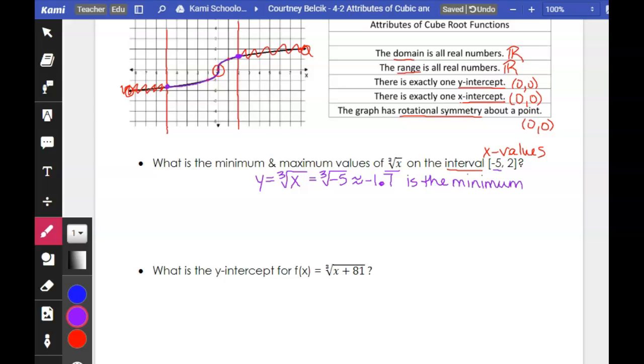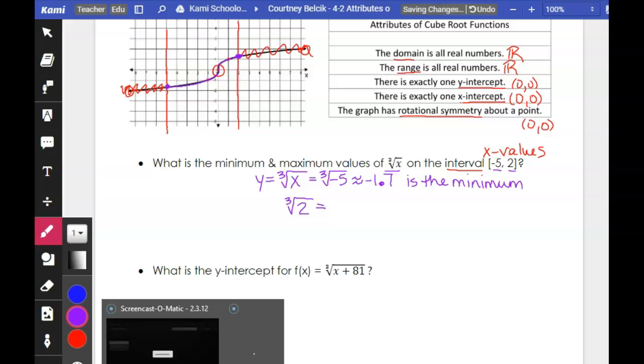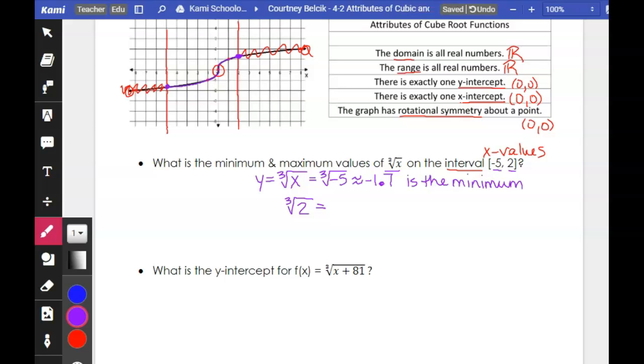So if I do the same thing to calculate the maximum, I'm going to need to use the larger interval value. So the cube root of 2. Well, when I type in the cube root of 2 into a cube root calculator, I end up getting, let me change this to about instead of equals. So the symbol for about is almost like a wavy equal sign, almost looks like bacon.